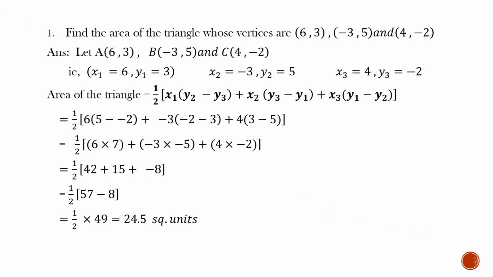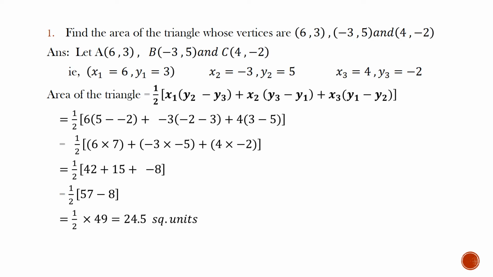Let us see how to find the area of a triangle when the vertices of a triangle are given. Question number 1. Find the area of a triangle whose vertices are (6, 3), (negative 3, 5) and (4, negative 2). Let us take A is equal to (6, 3), B is equal to (negative 3, 5) and C is equal to (4, negative 2).